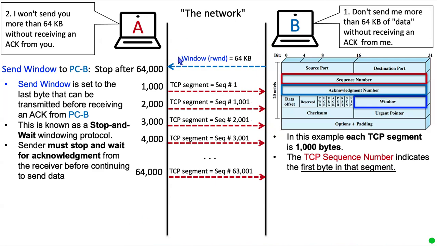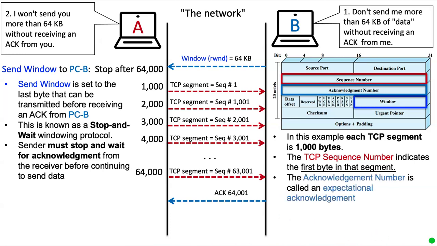Now, assuming that all this data was received by PCB, we'll talk in later videos what happens if something's missing. PCB is going to send back an acknowledgement, okay? So in a TCP segment, it's going to include an acknowledgement number. This acknowledgement number is 64,001. This is called an expectational acknowledgement.